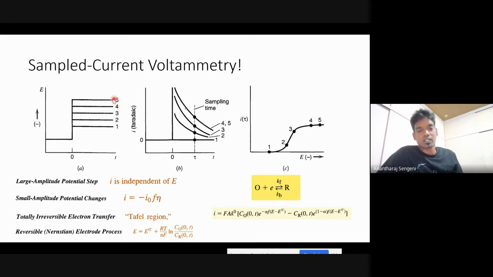So after this step potential, if you step up the potential to 5 or beyond 5, there will be no change in the current density, because the reaction is now completely controlled by the diffusion of the reactive species in the solution. So that is how you can actually determine the potential of diffusion limitation by stepping up the potential in step potential voltammetry.